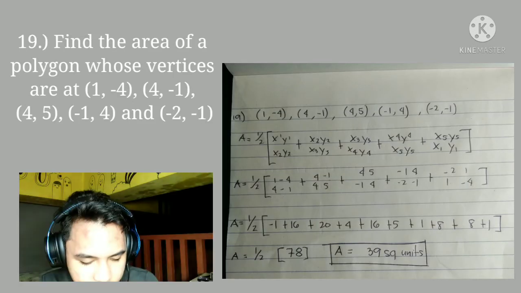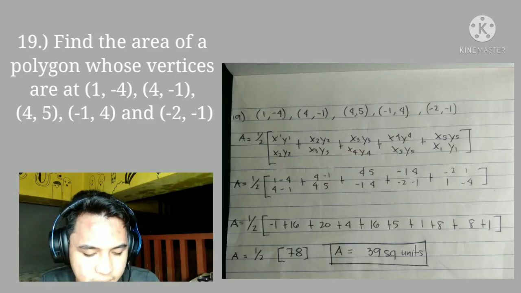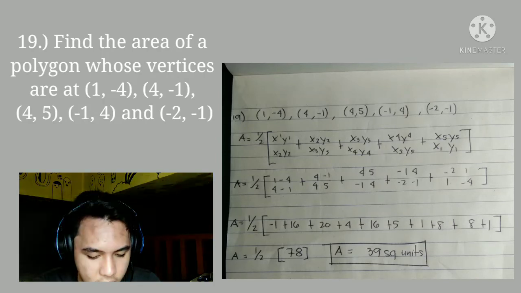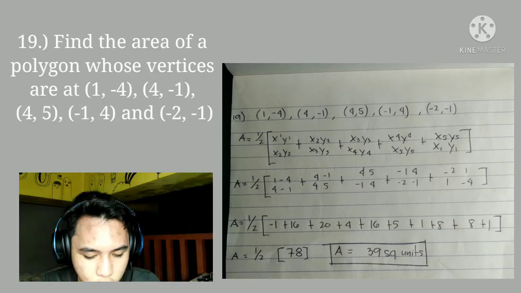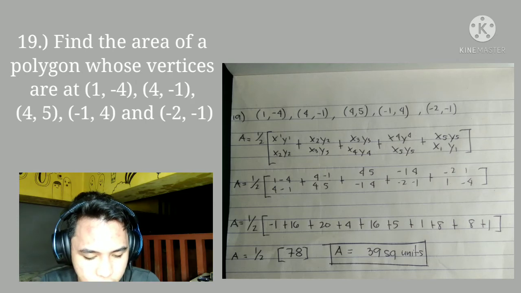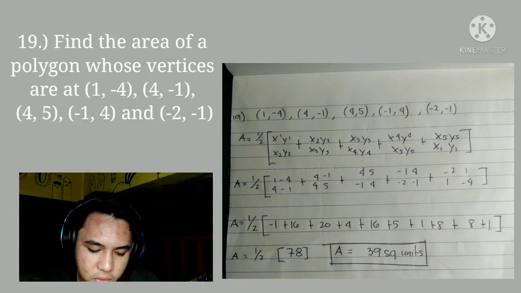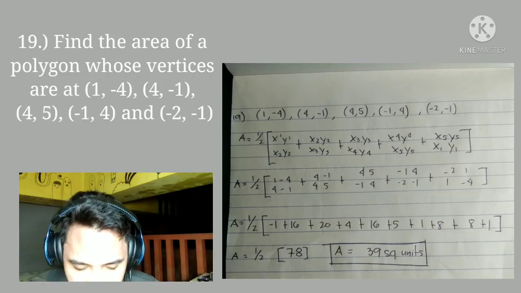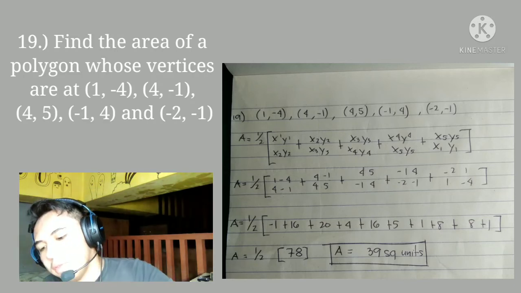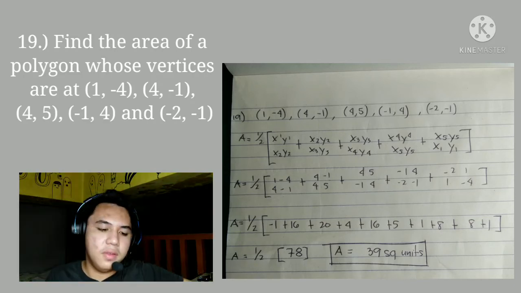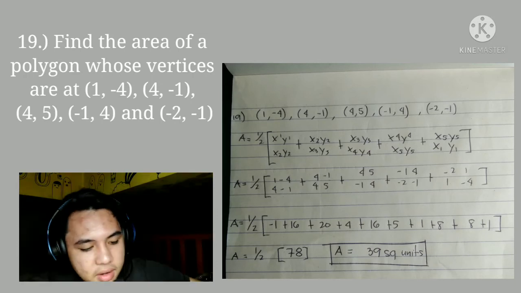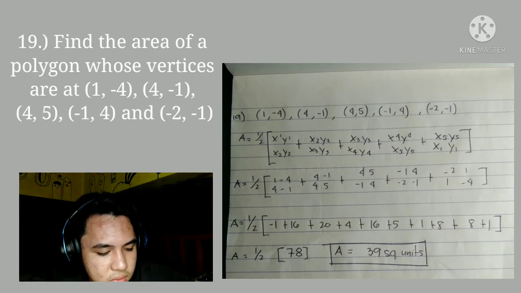Next, for number 19, we are going to find the area of a polygon whose vertices are (1, -4), (4, -1), (4, 5), (-1, 4), and (-2, -1). To solve this, we have the formula here, as you can see in the photo.